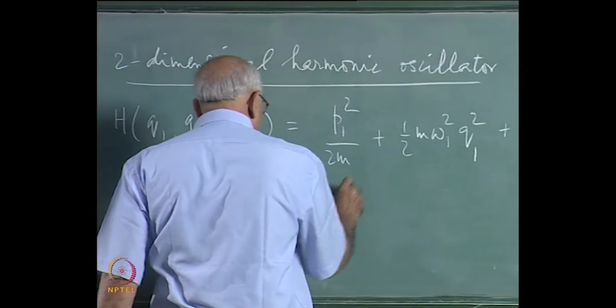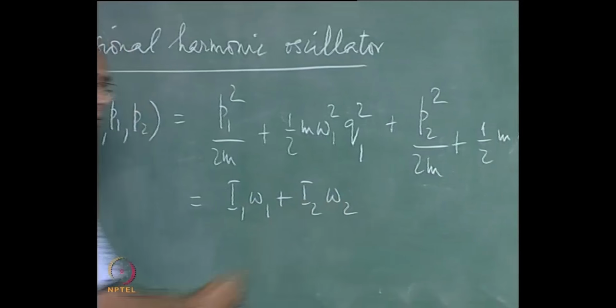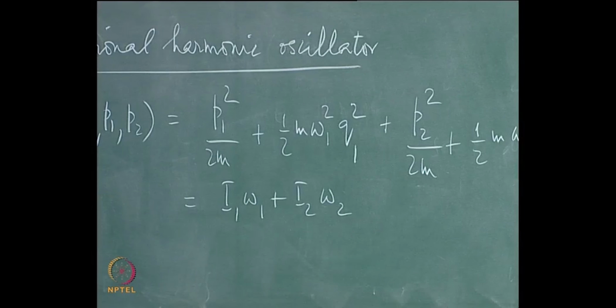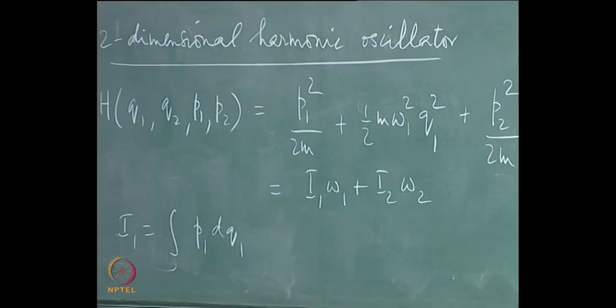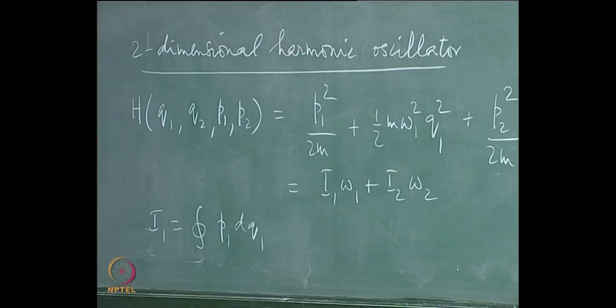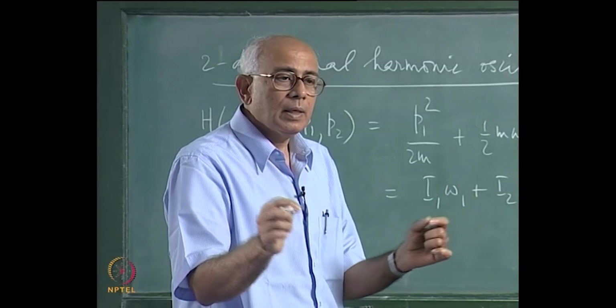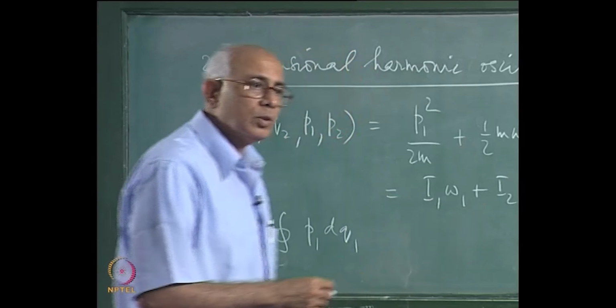This Hamiltonian becomes I1 omega 1 plus I2 omega 2, where the two action variables, I1 for example, is an integral over p1 dq1 over a complete cycle. If the oscillator starts at the point say A and moves to B in the first oscillator, then it is twice the integral from A to B of p dq, the corresponding p dq.